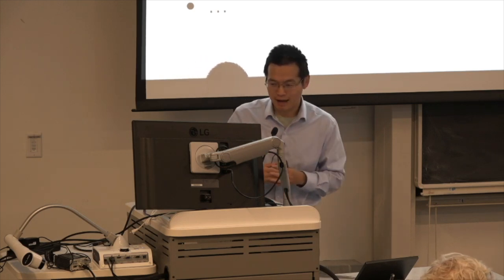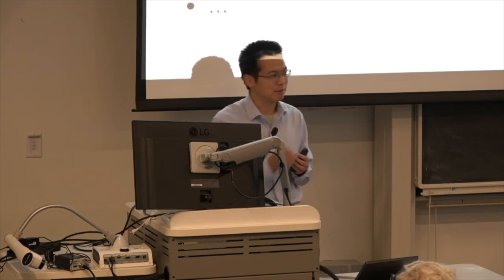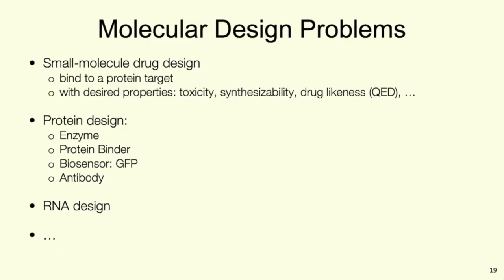For protein design, there are also different purposes. There are enzyme design and protein binder design, where we want to design a protein that can bind to a target protein. There's biosensor design, where we want to design a protein that can, for example, exhibit green light under certain conditions. Antibody design as well.